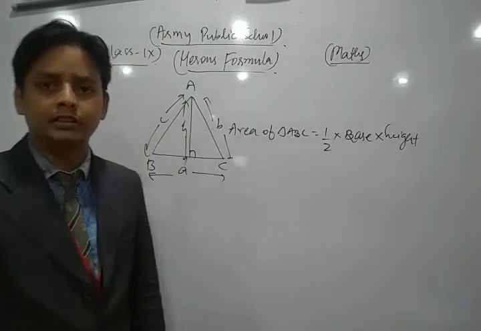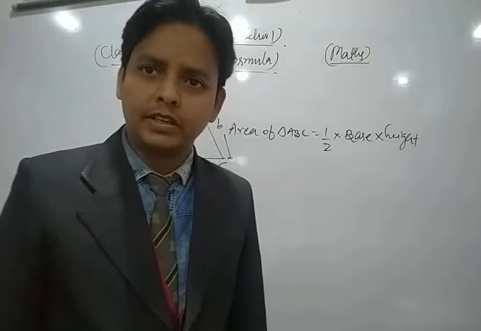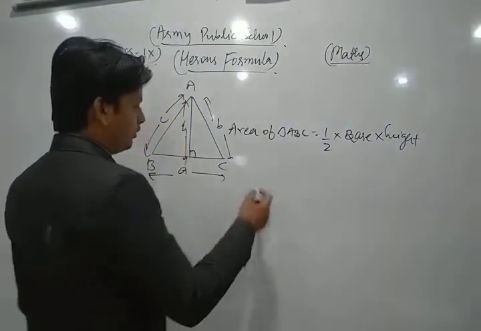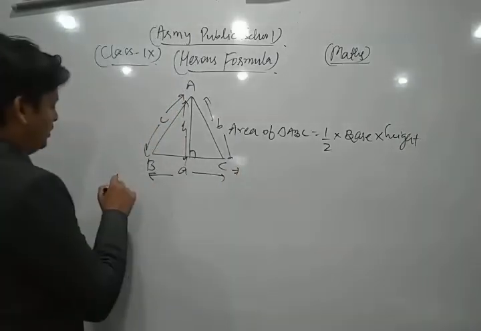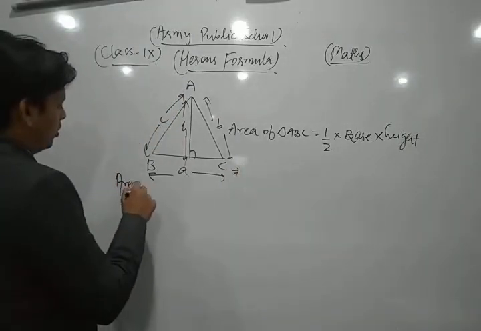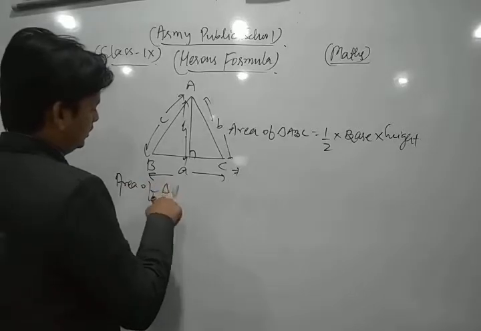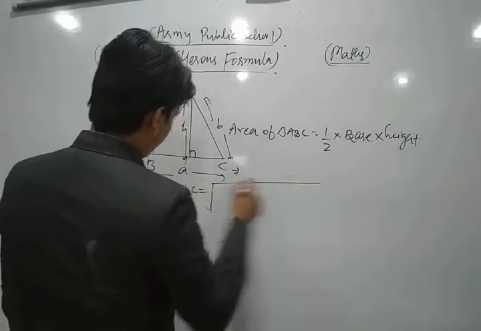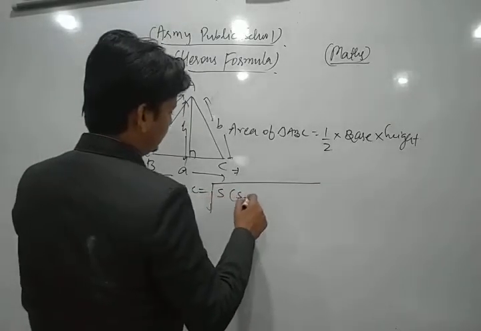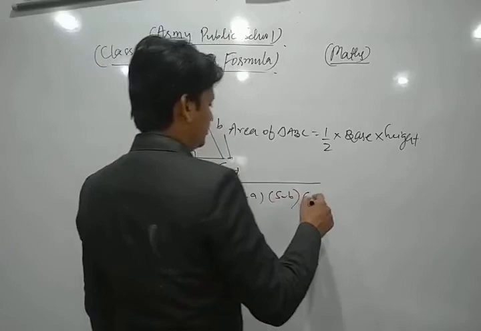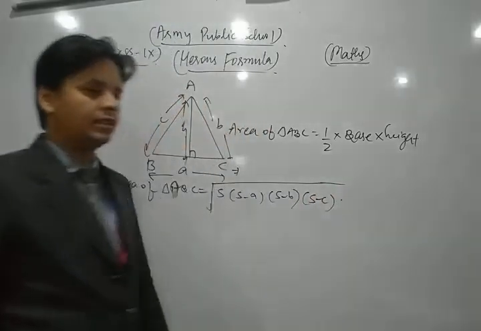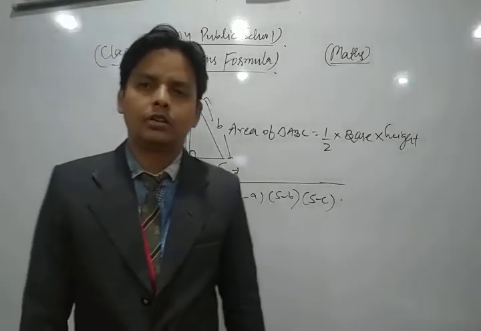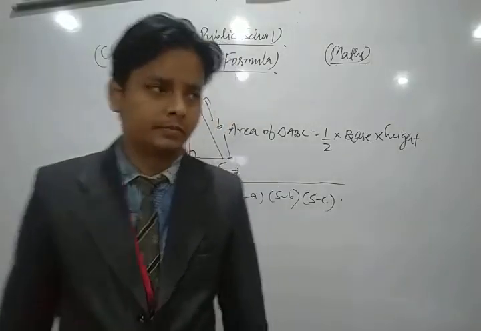Then Heron's formula is: area of triangle ABC is equal to the square root of S into S minus A, S minus B and S minus C. This is the formula to find the area of triangle ABC when all three sides are given.